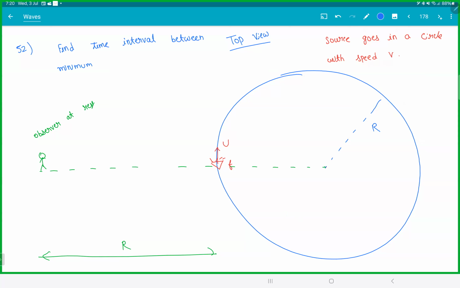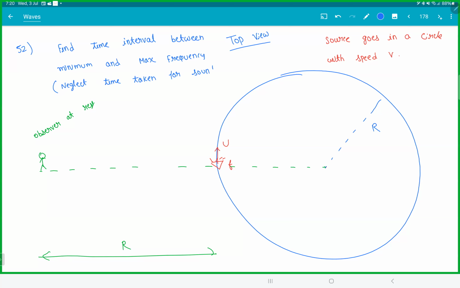So when this is going in a circle, the frequency will change. So he'll hear a maximum and a minimum frequency. Neglect the time taken for sound to travel. In this case, it shouldn't be a problem, but let's just take care of it.